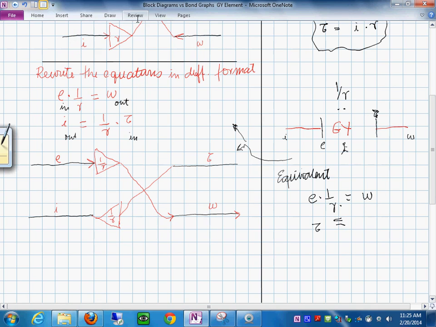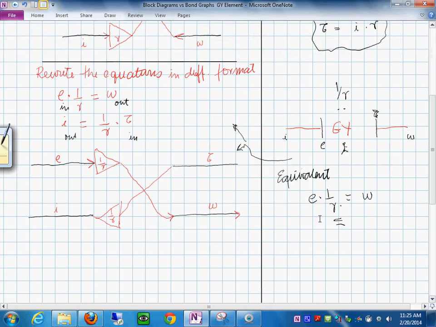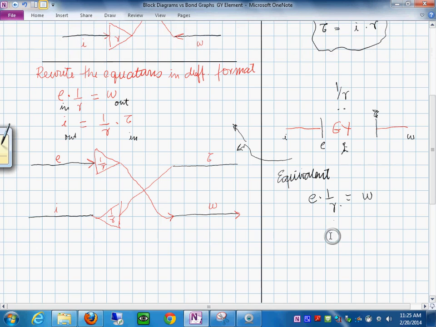Put on one side the electrical units and on the other side the mechanical ones. So we cannot put it right there. We need to put the electrical ones on this side. So this is that I is equal to 1 over R times tau. See, tau times 1 over R equals I. So these equations correspond to this bond graph.